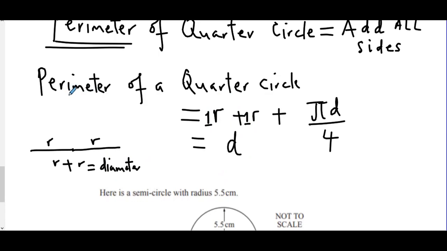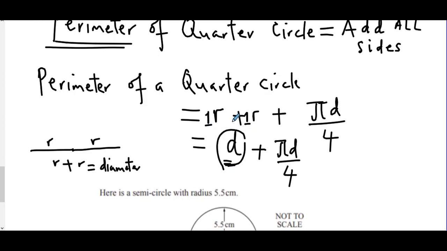So what is the formula for the perimeter of a quarter circle? The perimeter of a quarter circle is to take the diameter, then add pi d over 4. How did I get this d? This d is a combination of two radius.